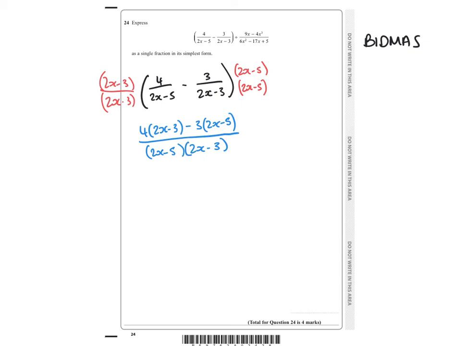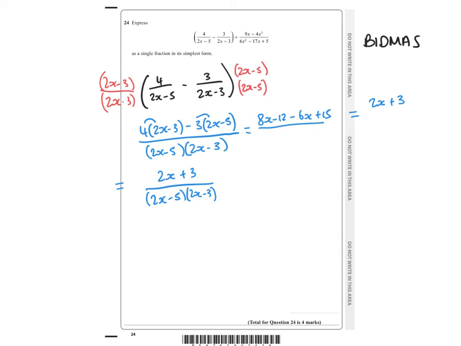Now I'm going to expand the numerator, so I get 8x minus 12 minus 6x plus 15. That gives me 2x plus 3, which is perfect. So that's 2x plus 3 over 2x minus 5, 2x minus 3.